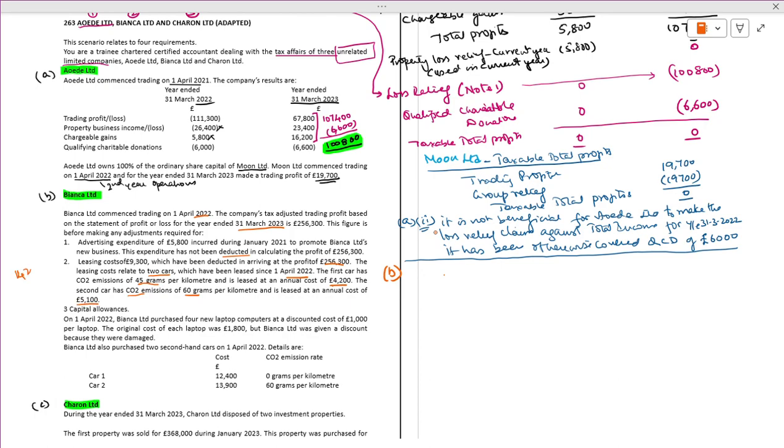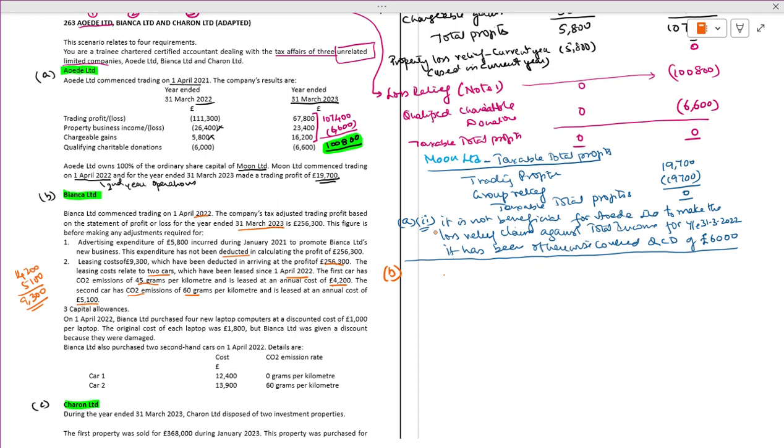If you take 4,200 and 5,100, it comes to 9,300. We have to apply the restriction for only one car, so we will take that into consideration.